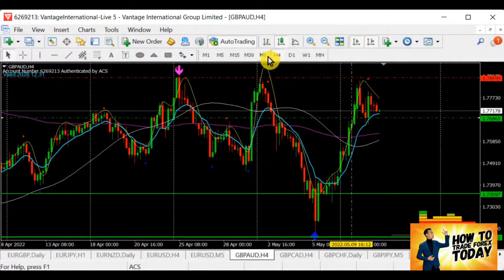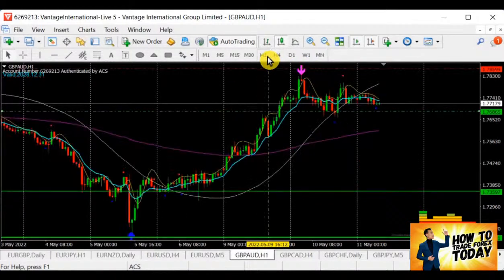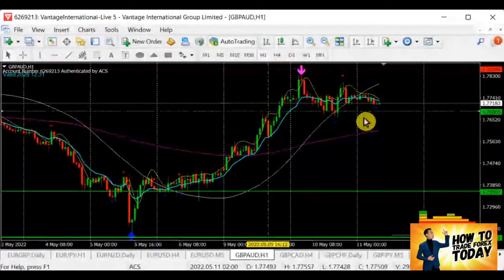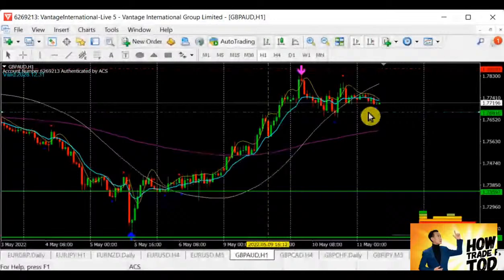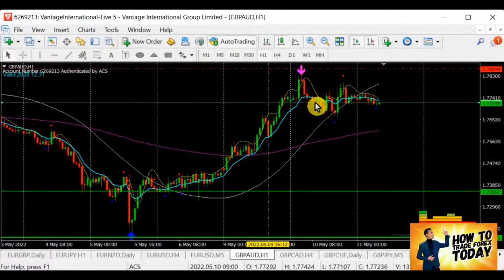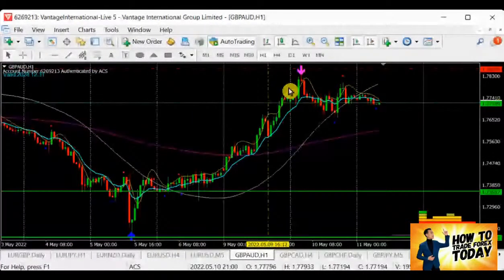In H4 I put the support there, and yesterday the support was here, tested, not breaking, and today probably is going to test another support. As you can see, there's another support level over here.